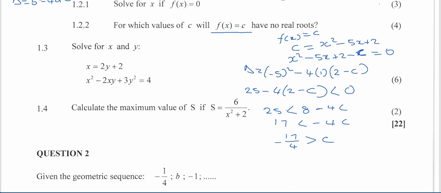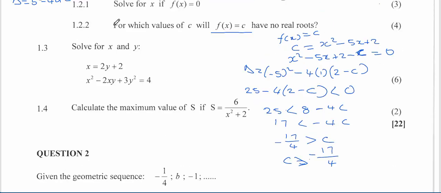So as you can see, it's not less than, actually it's going to be c greater than negative 17 over 4.